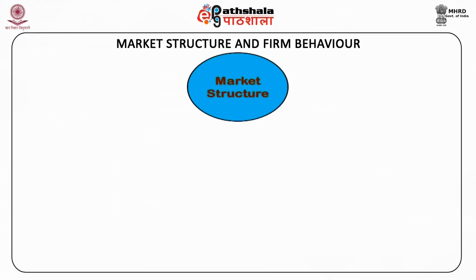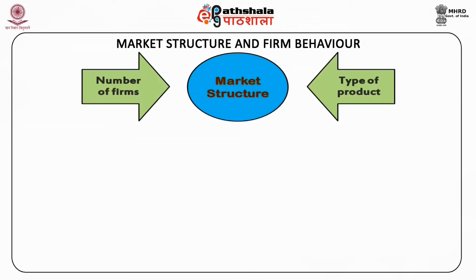The term market structure refers to the kind of market in which firms operate, and they can be differentiated by the number of firms in the market and the type of product they produce and sell. Now let us see the market structure of a competitive market.